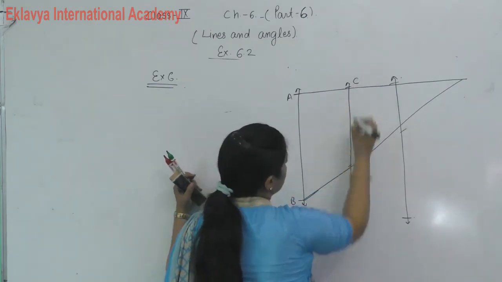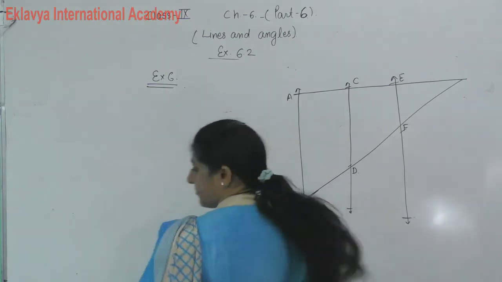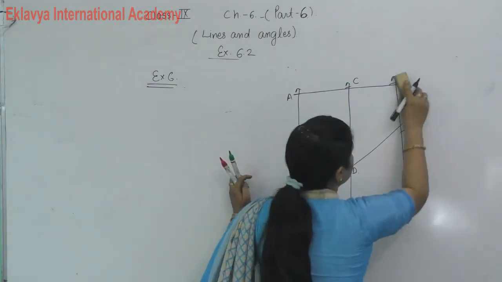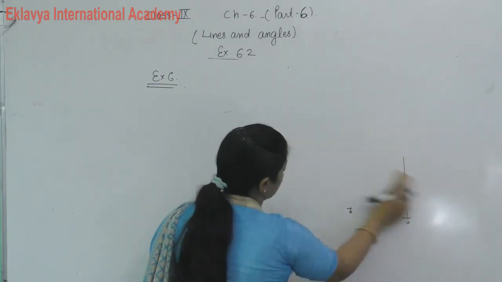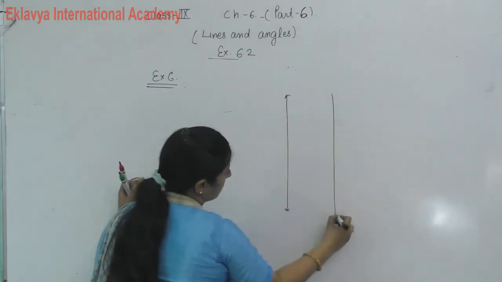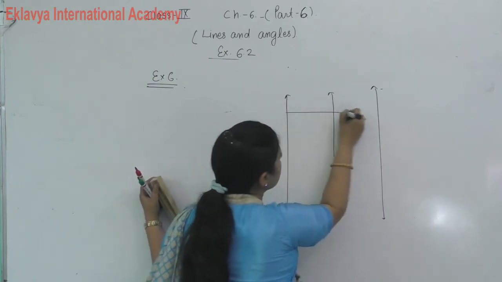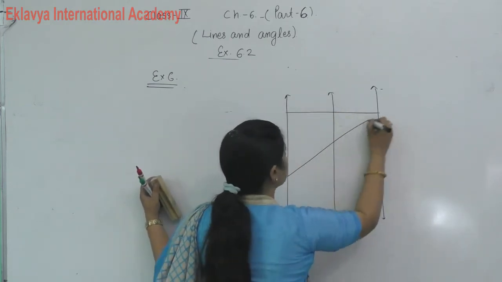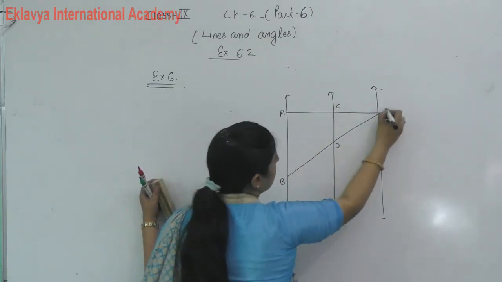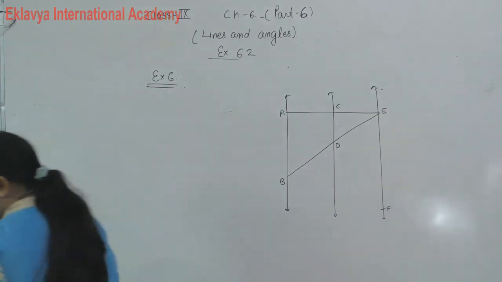Three lines are there and they are parallel to each other. AB parallel to CD parallel to EF.